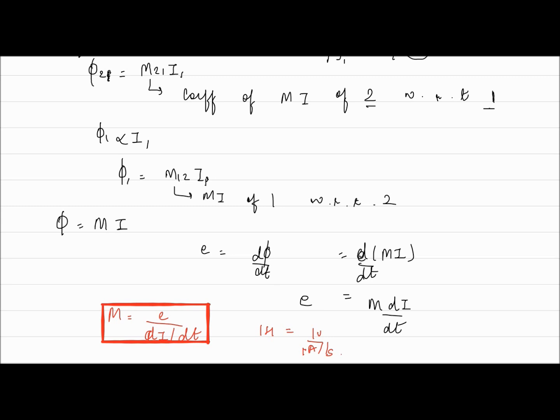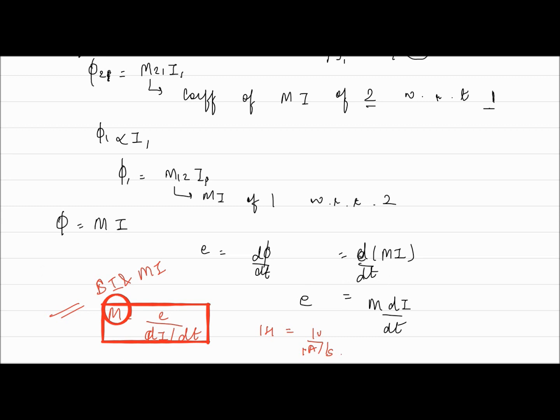We get the same formula for mutual induction as well as self-induction. So this was the formula for coefficient of mutual induction. We understood what mutual induction is from this, but we need to find the exact expression for the coefficient of mutual induction for a pair of coils.